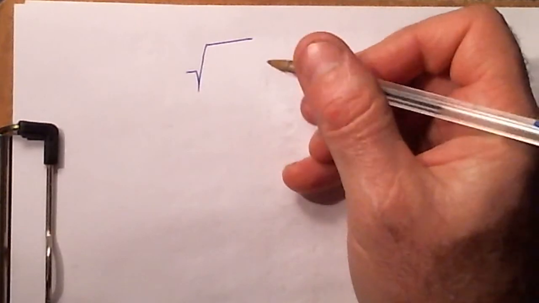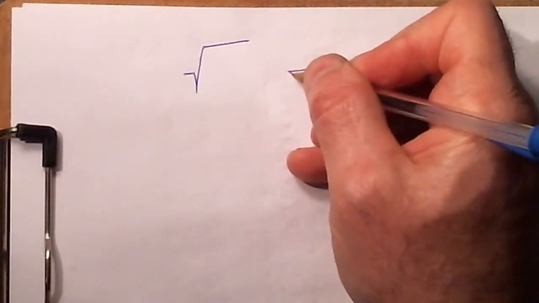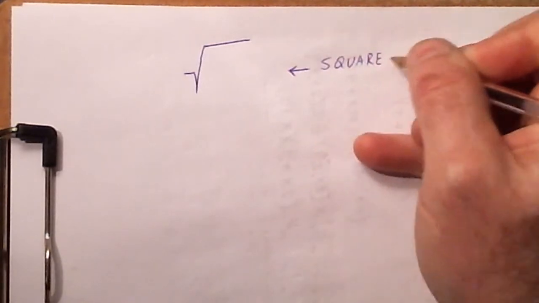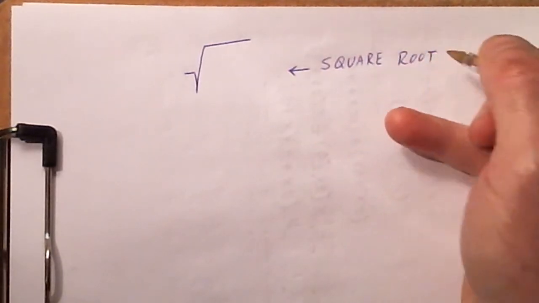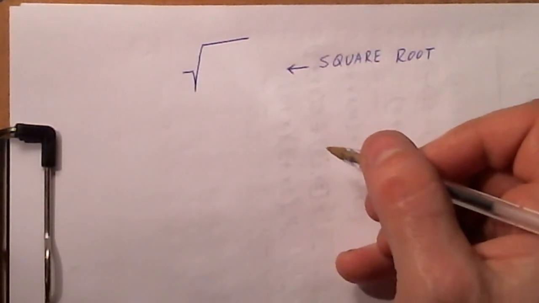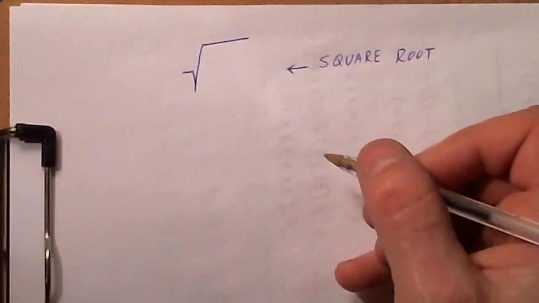This function here, ladies and gentlemen, this symbol is called the square root symbol. And in general, how does the square root work? Well, it's pretty simple.